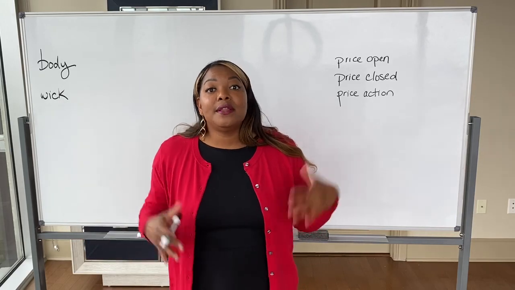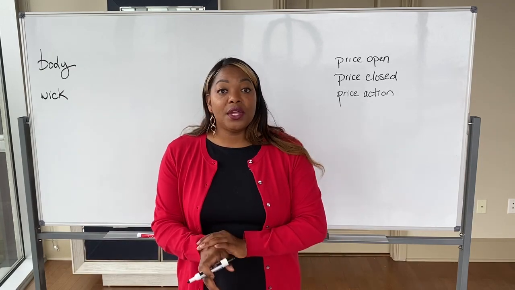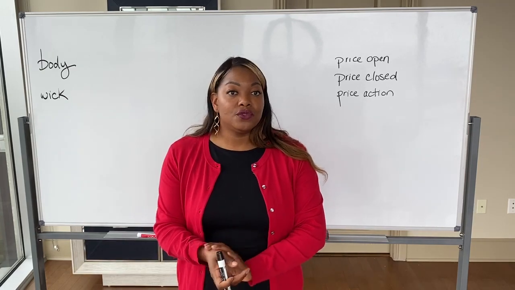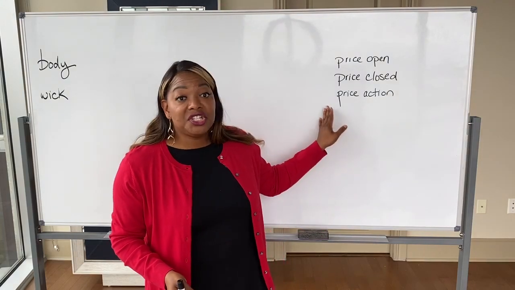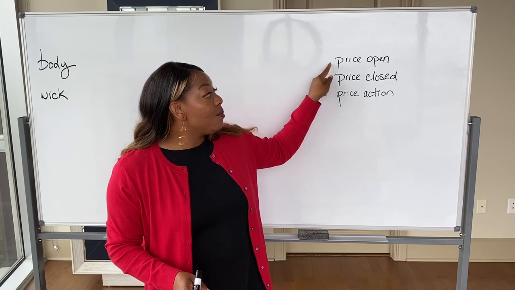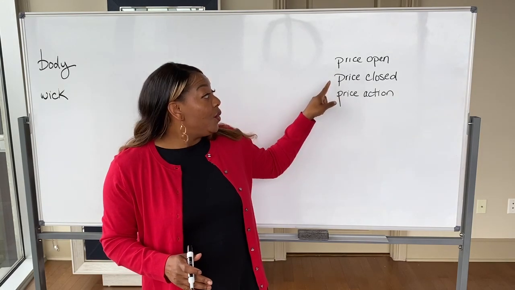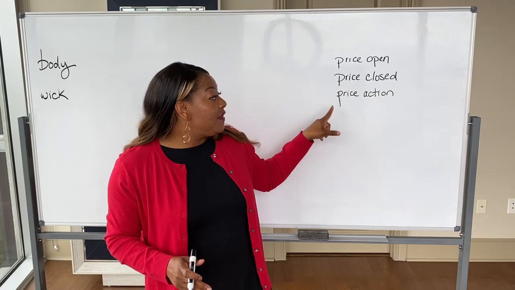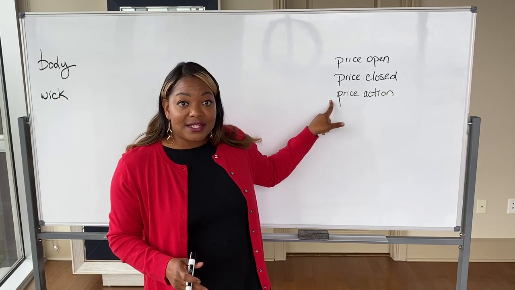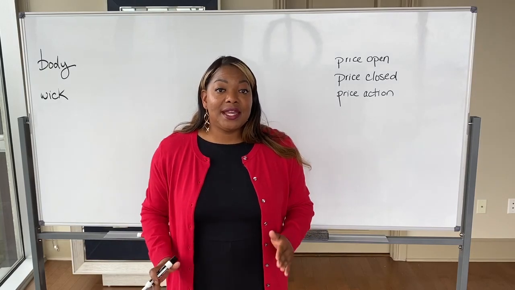So this first one is the basics of a candle. There are a couple of things you need to know in general when you're looking at candles. The first thing is, each candle has three parts. It tells you where price opened during that time frame of the candle, where price closed, and then the price action during that time frame. In my strategy, we'll usually use daily candles.